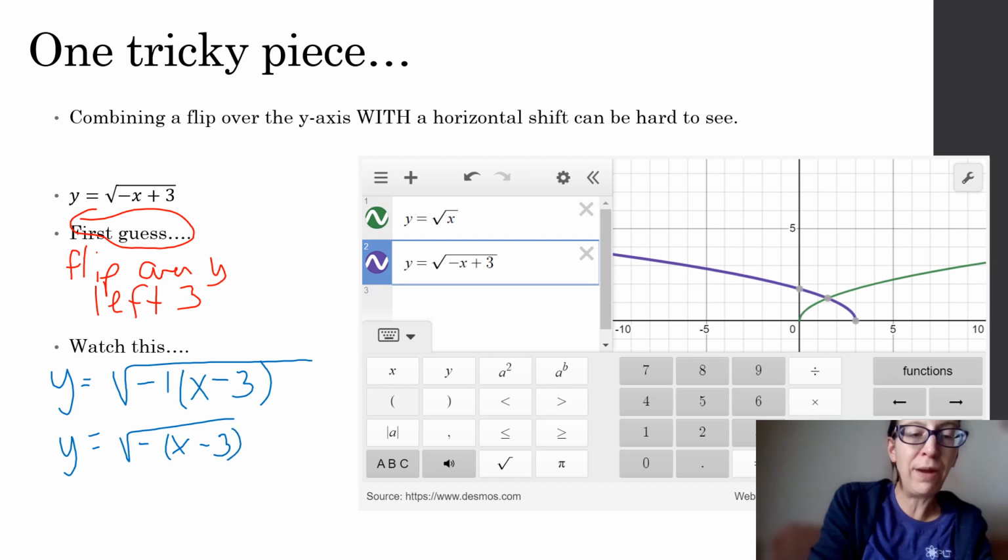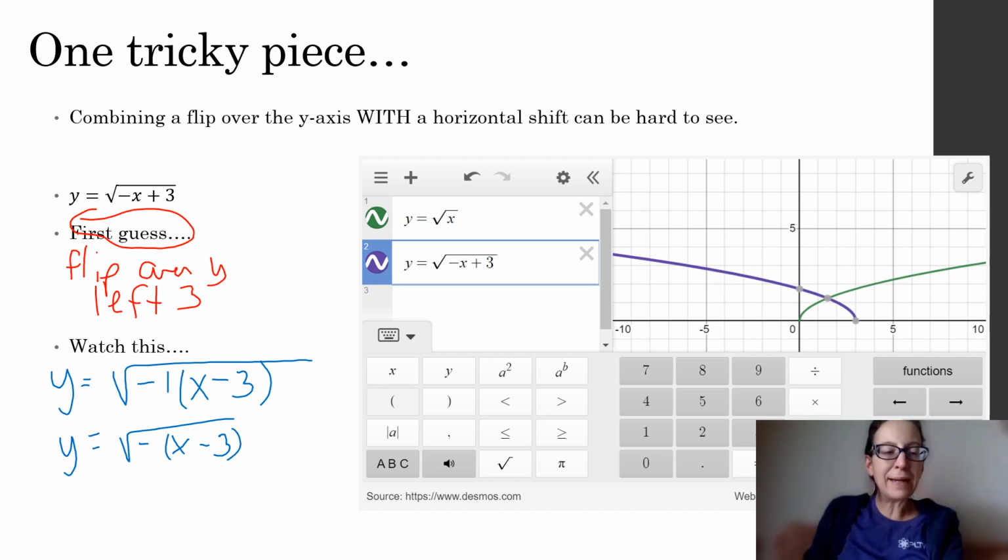And what we've got there, to put it in terms of stuff you've seen before, is an order of operations. So now you can see it's a flip over the y-axis, and then you can see, oh, that's right, it is a right instead of a left. And what it means is that you do the shift first because you do parentheses first. So you slide it to the right, and then flip it over.